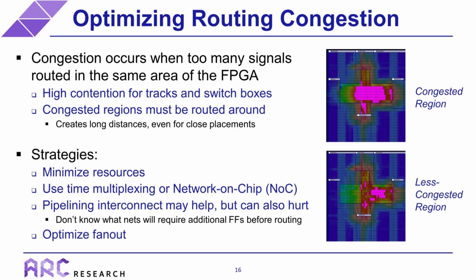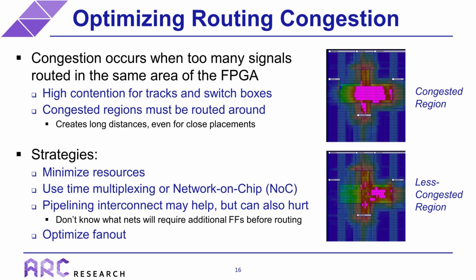It is that when the router wants to route a signal through an already congested region, it must find an alternative, usually much longer path around that congestion. This longer path is the source of many of the problematic interconnect delays that we need to optimize. Again, there are way too many application-specific strategies to discuss here, but I have a few general ones listed.